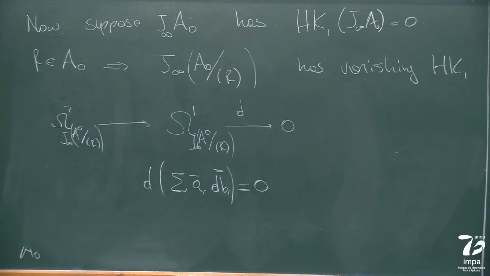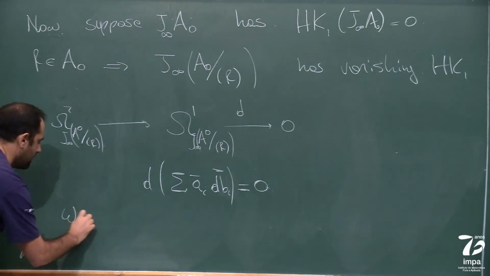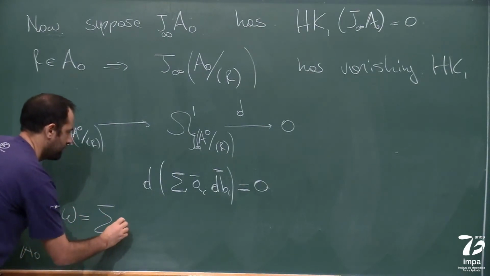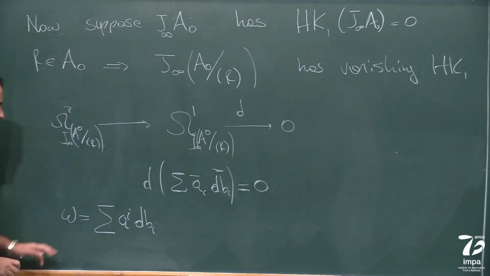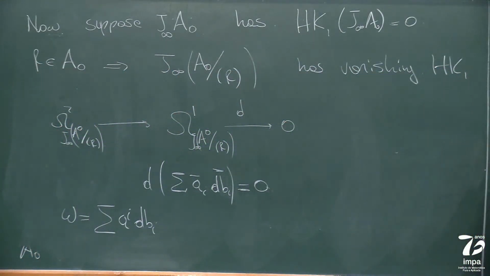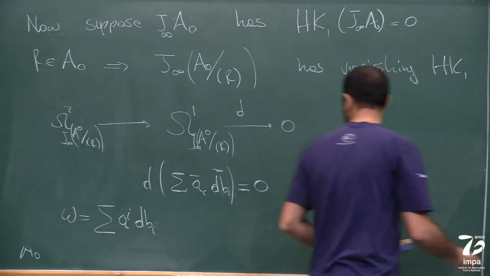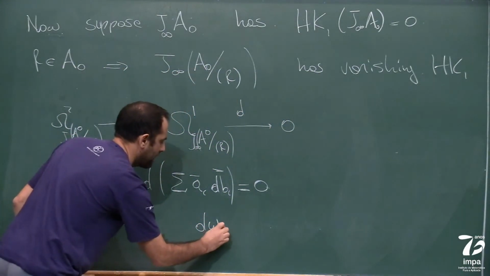So pick representatives of these A_i's and B_i's. So these are in the algebra A0, not A0 divided by F. And let's take d omega.